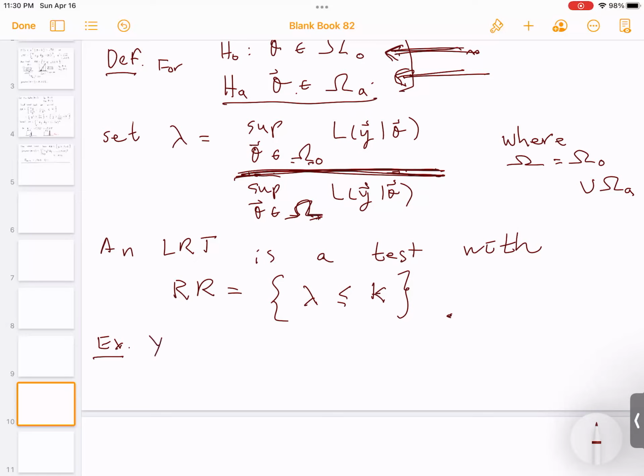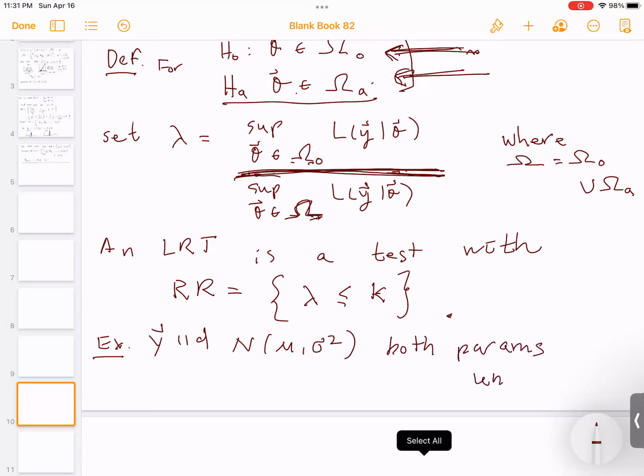Let y be our IID sample, normal, mu sigma squared, both parameters unknown.